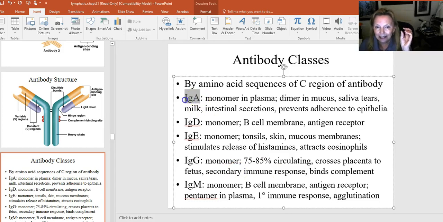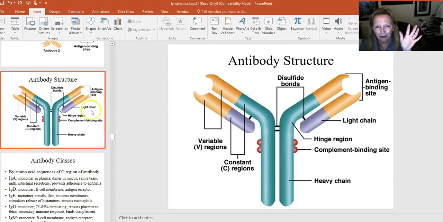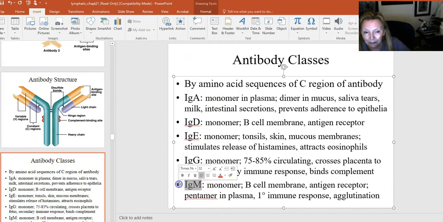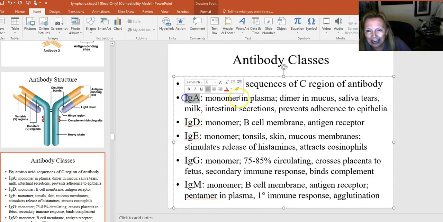There's a class that's slightly different, and it's just about their structure that's different. You don't need to be able to draw them. I just want you to know that we can actually order them on test. We can order to see if somebody has IgM. We can order to see if somebody has IgG. We can see their titers, how much they have of it. IgA is going to be found in saliva, tears, breast milk, intestinal secretions.